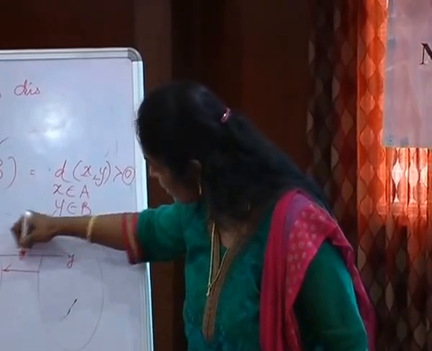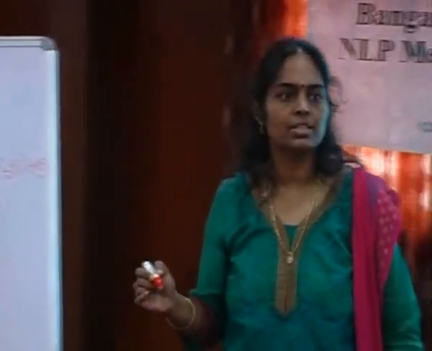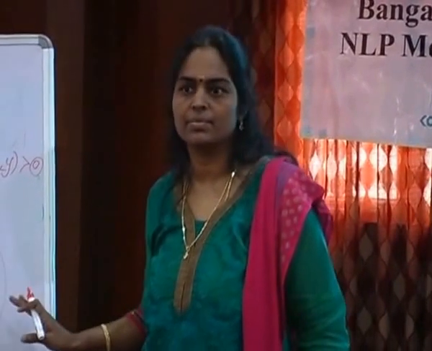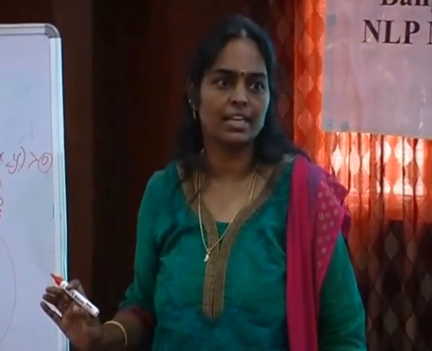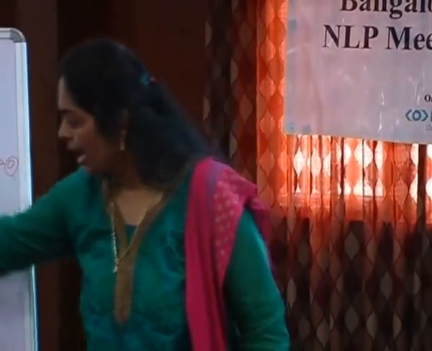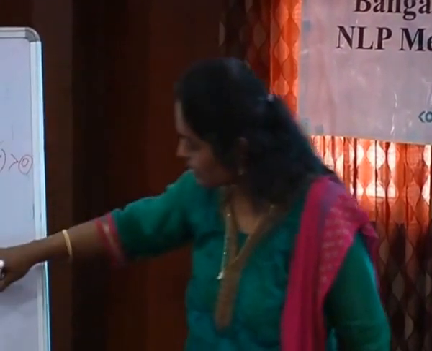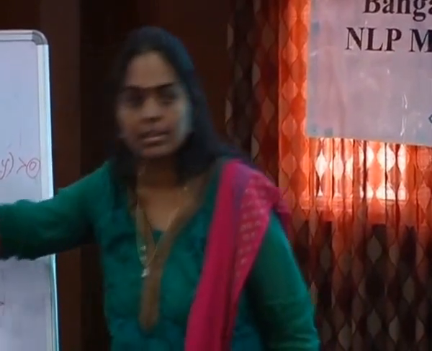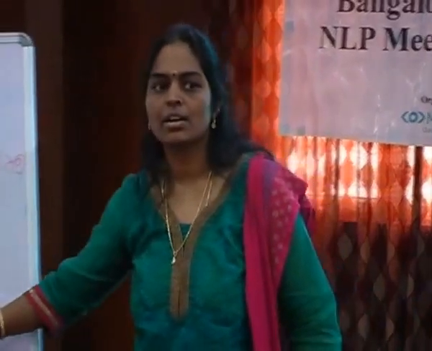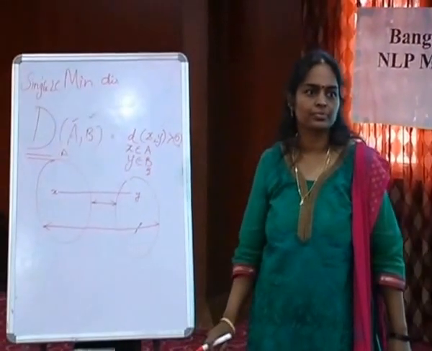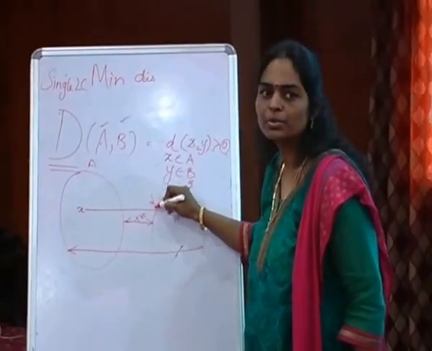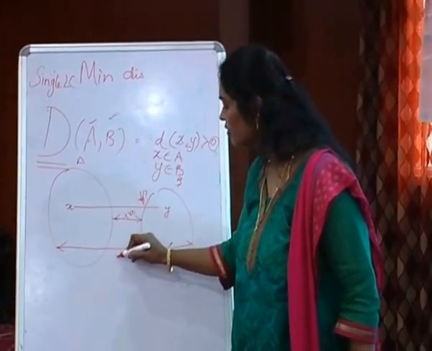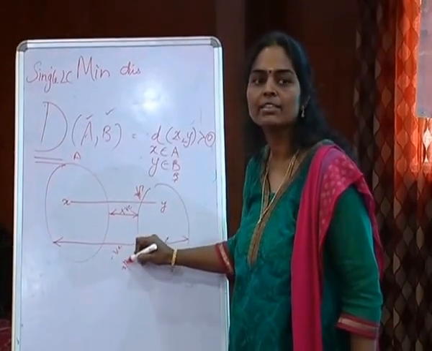This line I am drawing here is your minimum dissimilarity between these two clusters. If this is okay, I put them together. This is called single linkage. I can do a maximum dissimilarity. Maximum dissimilarity is called complete linkage. So this is more of my positive outputs. This is more of I am trying to accommodate negative outputs.